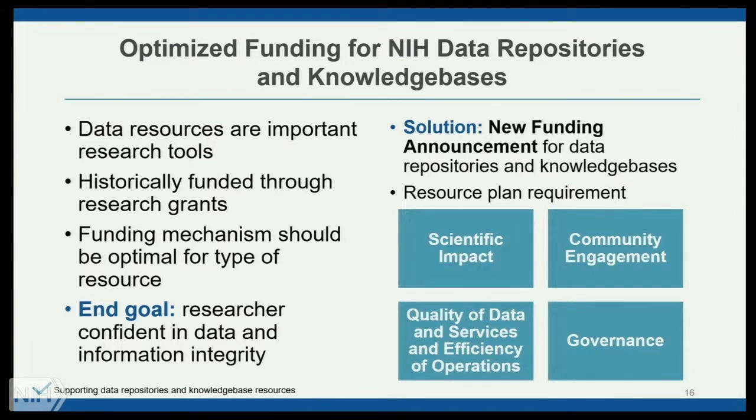Focusing on the quality of the data and the services, as well as efficiency of operations. And I want to note that for knowledge bases, we are going to be encouraging people to think about curating information beyond human curation, because that will not scale with the amount of data and information we'll have in the future. And finally, as Vivian pointed out, thinking very carefully about the governance model of the data resource.